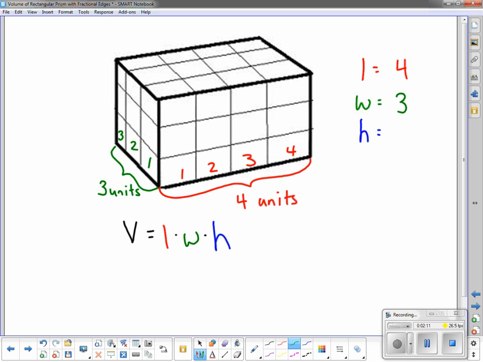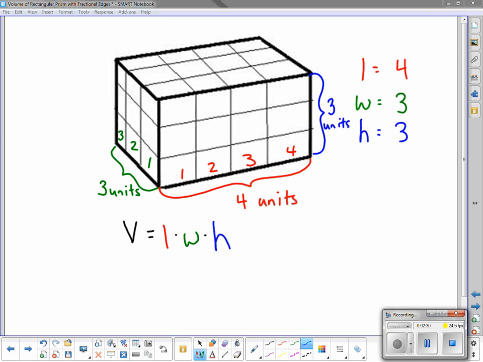And then finally, for the height, that's always going to be the one that goes up and down. So the height is going to be 3 units. So I'll write height equals 3.